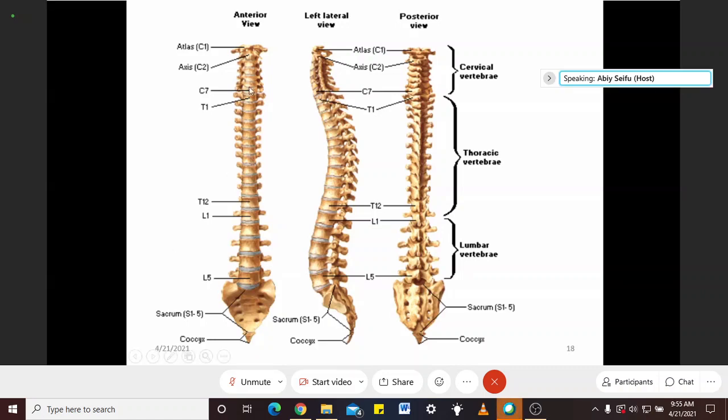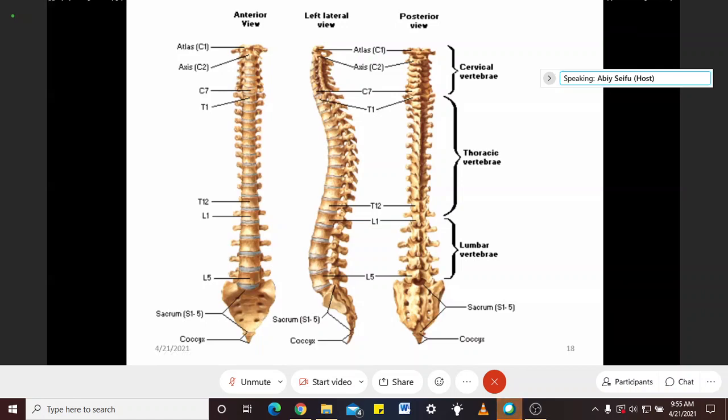The weight at this point and at this point is not equal, so that is why it is larger in size. The weight is transferred at this point to the sacrum, and laterally on the sacrum there is a formation of the sacroiliac joint with the iliac bone, the hip bones. So they transport the weight to the hip bone and to the lower extremity.